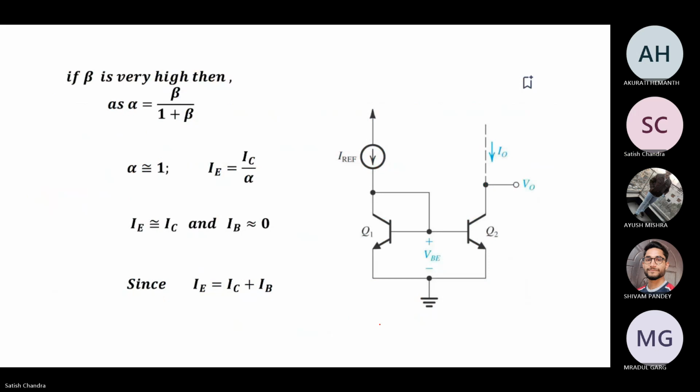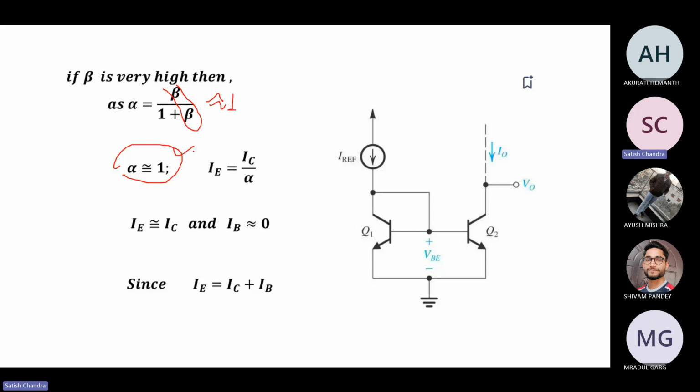But we are saying this only when beta is very high. It means alpha is equal to beta by 1 plus beta. If both are high, it is going to come out equivalent to 1.